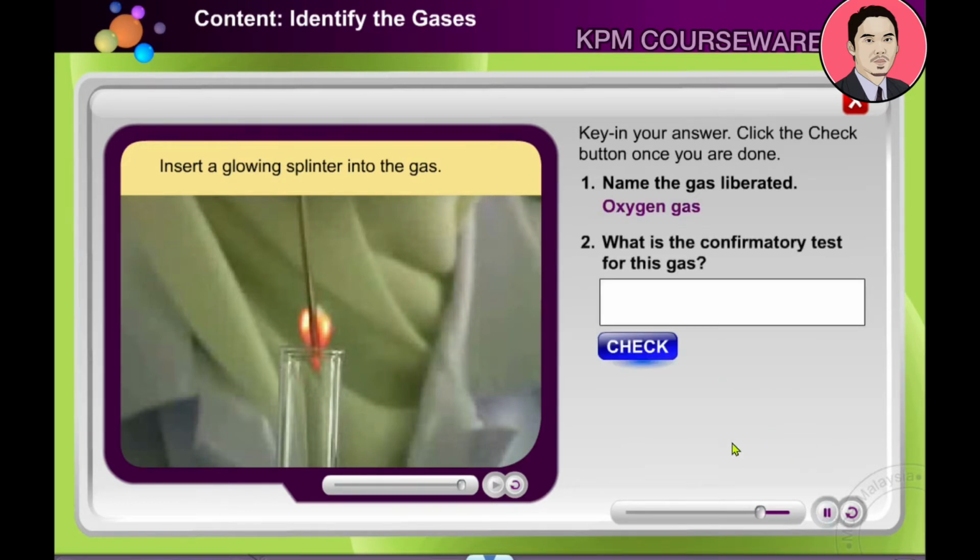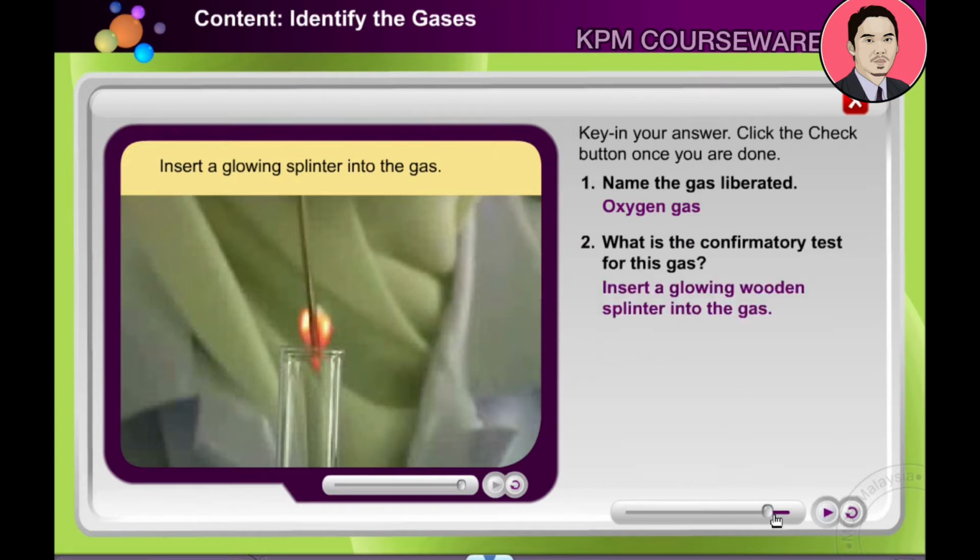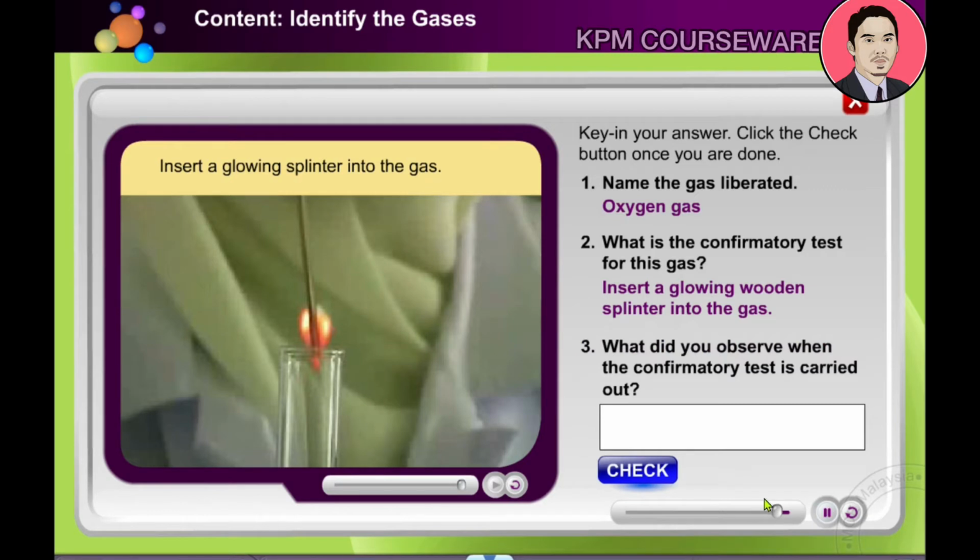What is the confirmatory test for this gas? The confirmatory test is carried out. Sorry, try again.